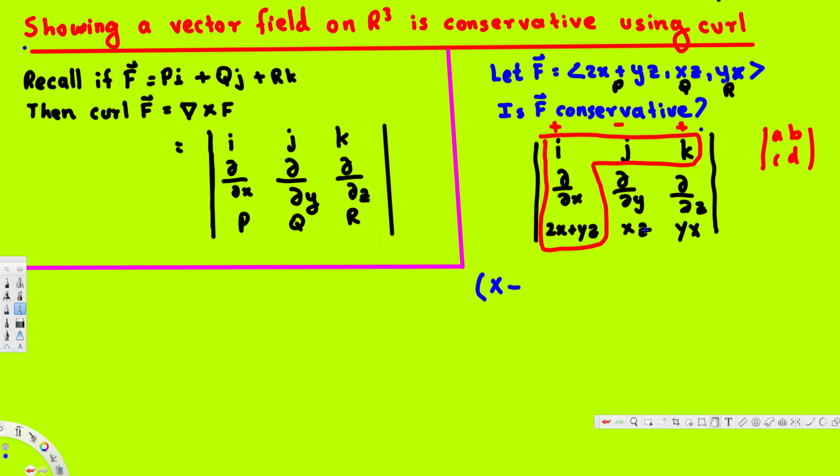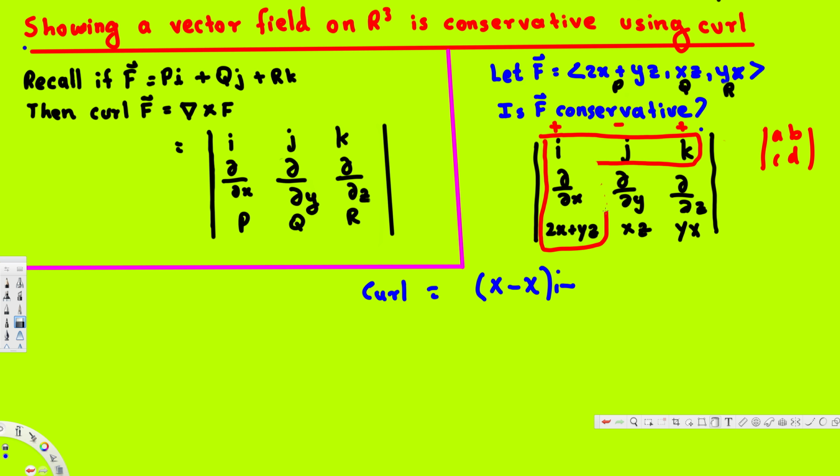Since z becomes 1, we have x alone, so this is just x. So the curl is x minus x, and this is our i component.